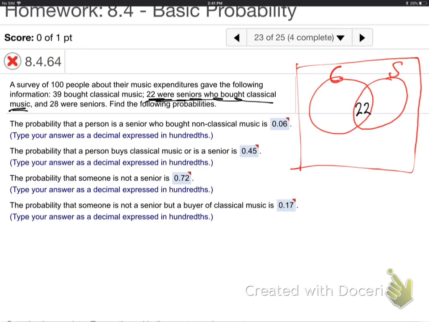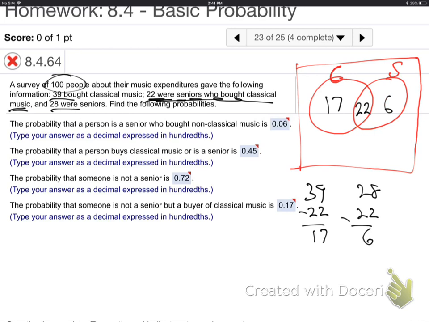So now we can do it. 39 bought classical music, so 39 minus 22 is 17 there. Good. 28 were seniors. 28 minus 22, 6 are here. How do you know the outside? 100 people total. 100 people were surveyed.